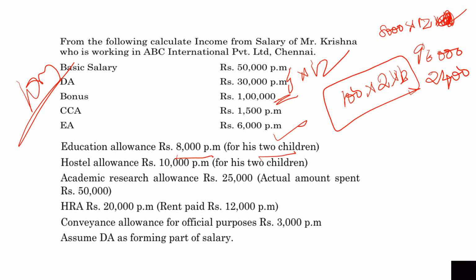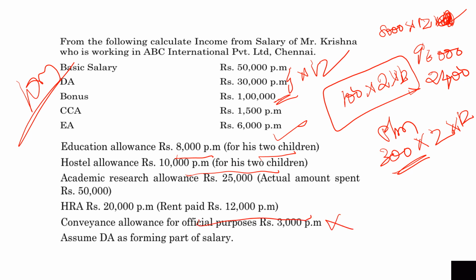The balance is taxable. Same way hostel expenditure. Hostel expenditure maximum exemption limit 300 per month into 2 children for 12 months. This is 300 per month. So into 12. House rent allowance we'll also calculate. Convenience allowance for official purpose, you can simply ignore that.